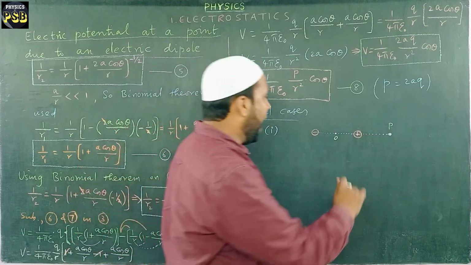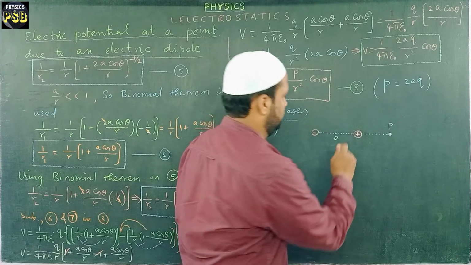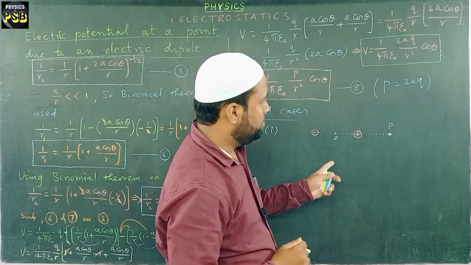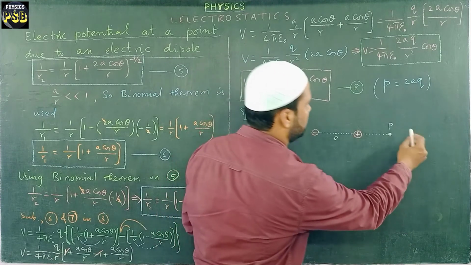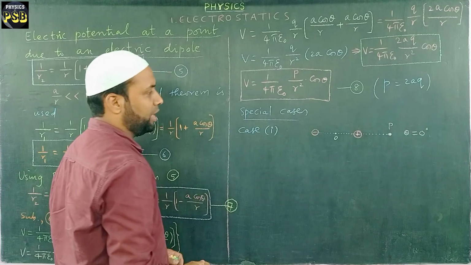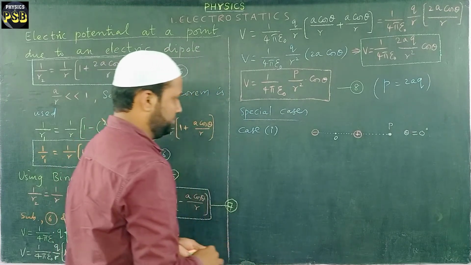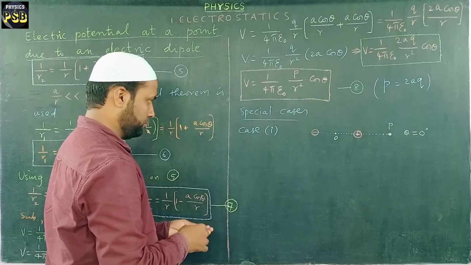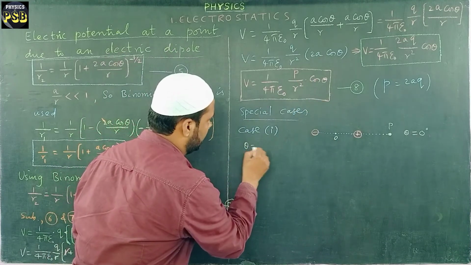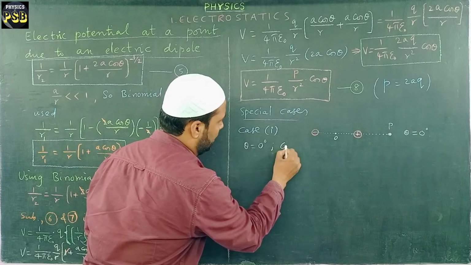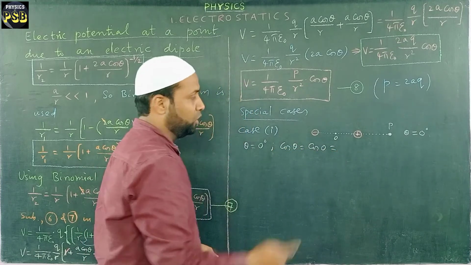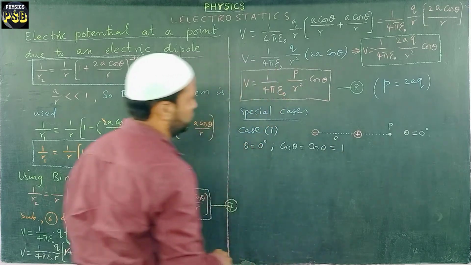When you do so, the angle made here is 0 degree. Now, in the above equation, theta is taken as 0 degree, and cos of theta is cos of 0, which is nothing but 1. This is known to us.